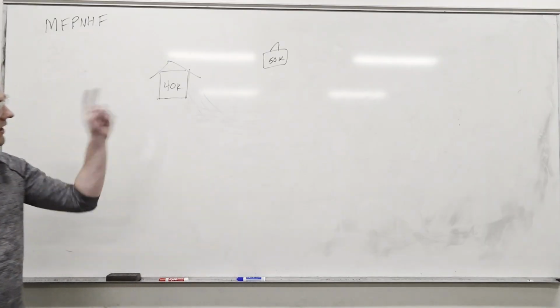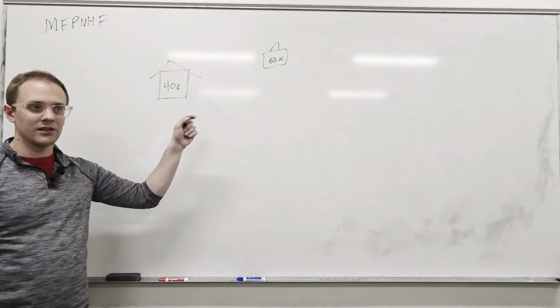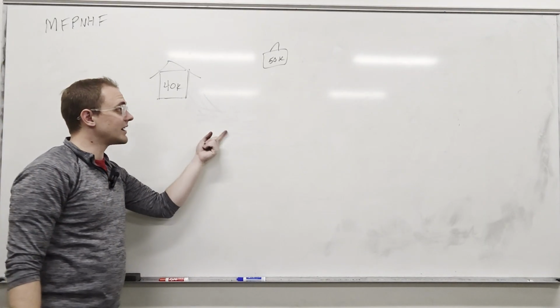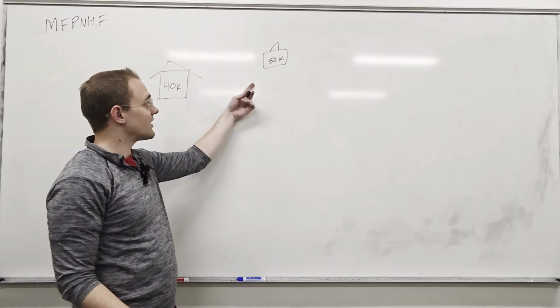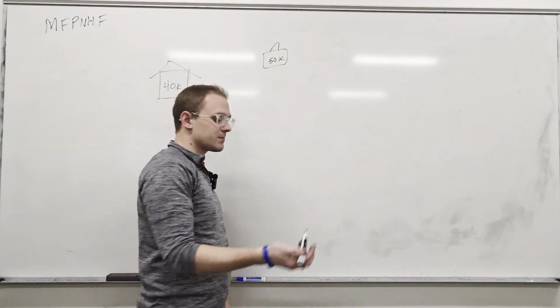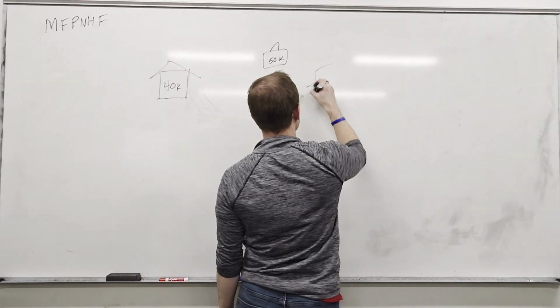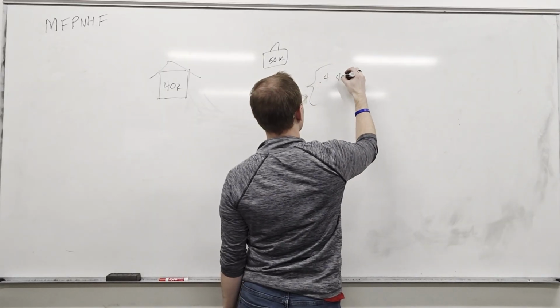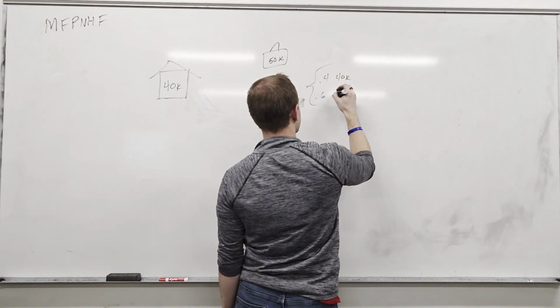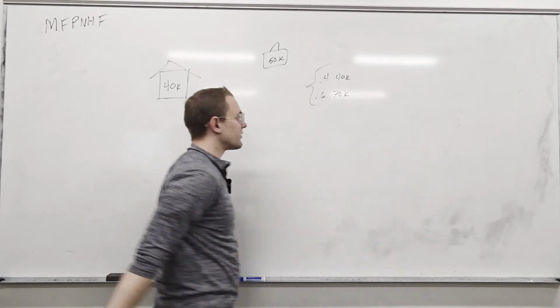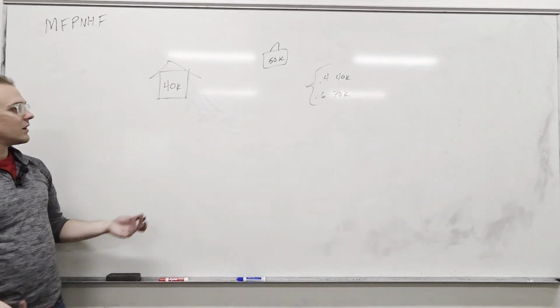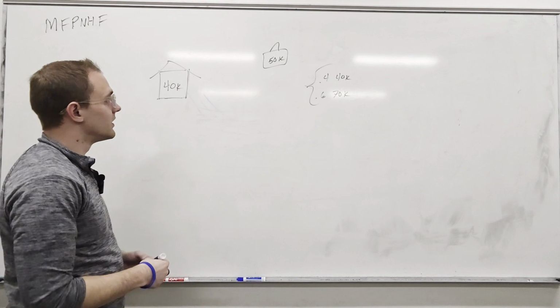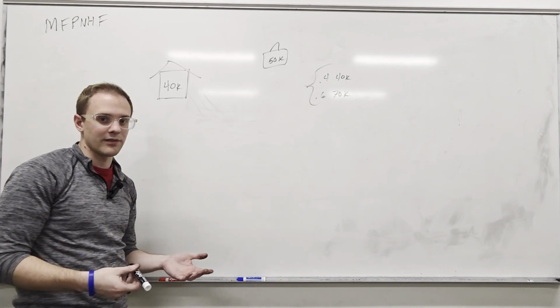But I could not lock into that job offer, and instead I could wait. If I waited till the next period, then maybe there's a 40% chance that I get 40K as a job offer, and a 60% chance I'd get 70K as a job offer. And I want to know the value of accepting and rejecting that job offer.